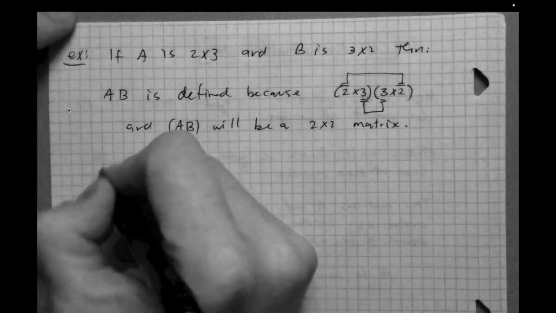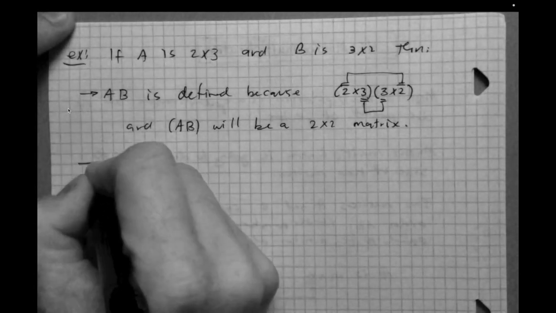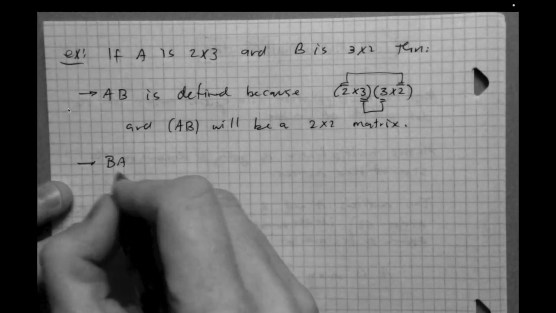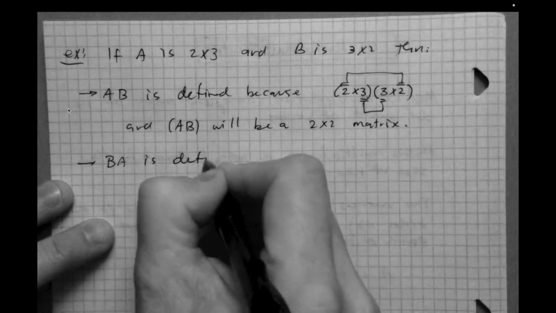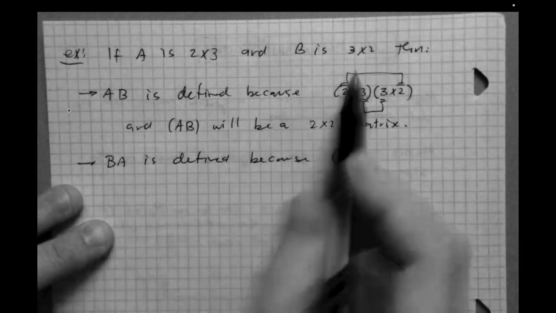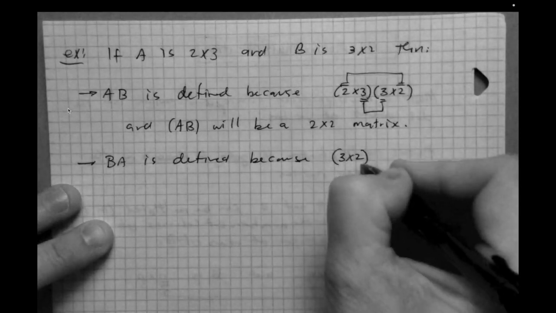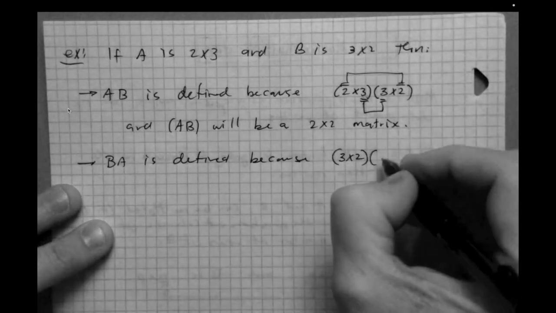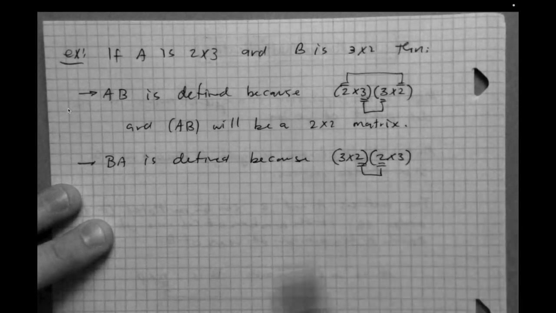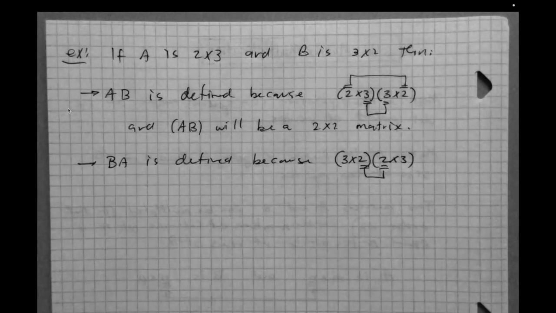Can we multiply BA in this case? In this case, it works, actually. So BA is defined because B is a 3 by 2 matrix, and A is a 2 by 3 matrix. So the inside numbers of the dimensions match.